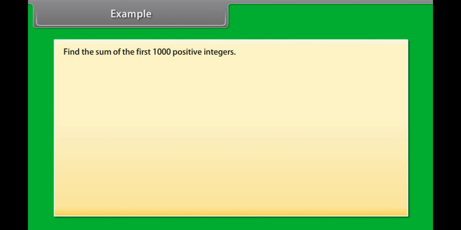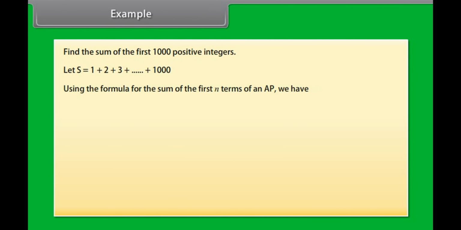Find the sum of the first 1000 positive integers. Let S is equal to 1 plus 2 plus 3 plus so on plus 1000. Using the formula for the sum of the first n terms of an AP, we have Sn is equal to n upon 2 into (a plus L).